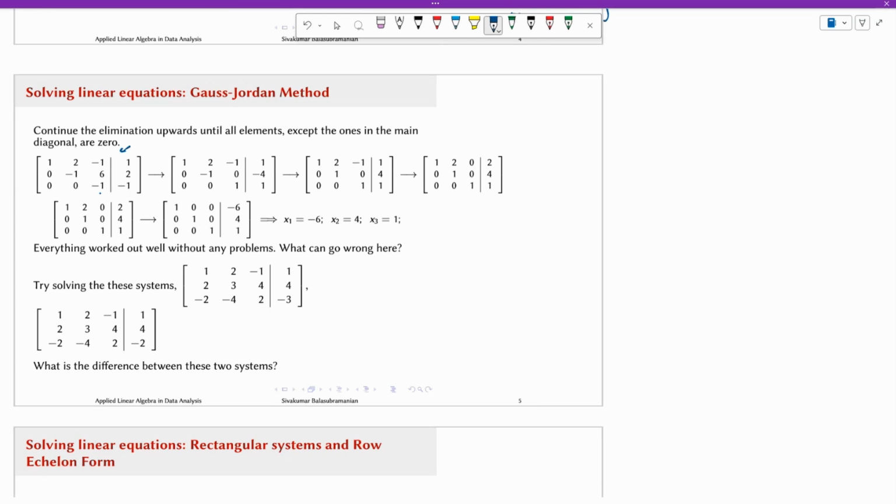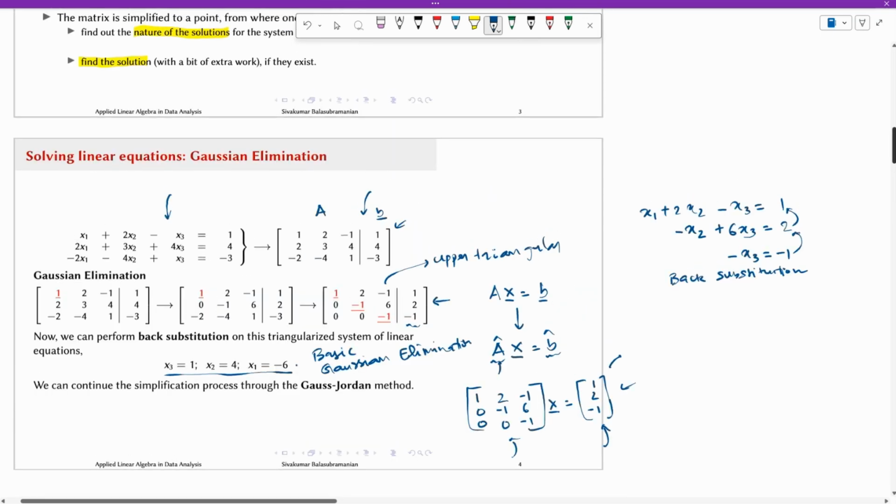I forgot to say one thing, but you can do that later as well. There are two things we need to do: make everything above 0, and we also have to make sure our pivots are all 1 now. So you have to multiply each equation by whatever number you need to multiply it by to make it 1.